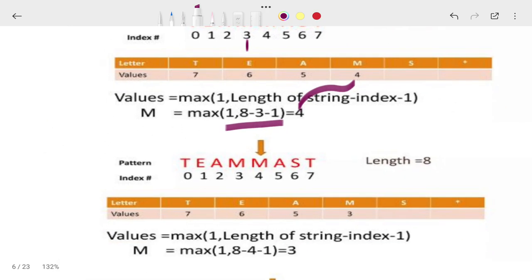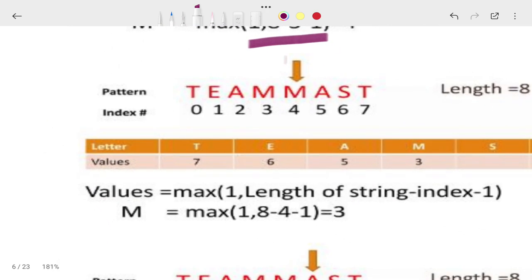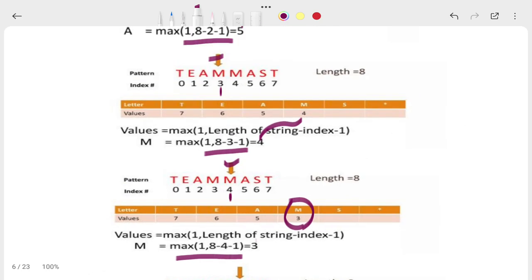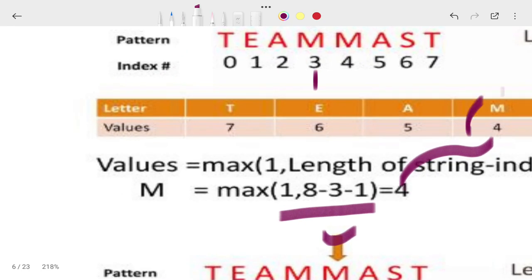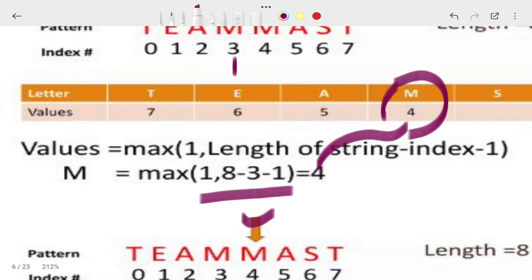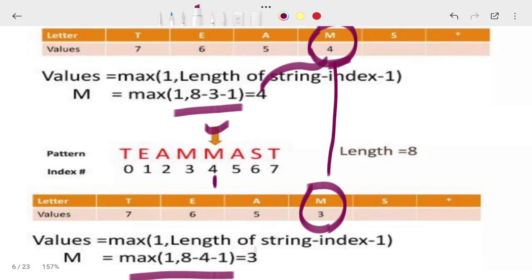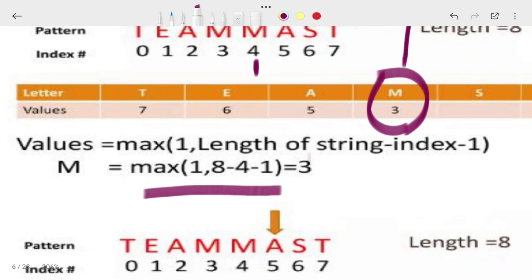Now next is M again. M is repeating, so I will write the updated value of M. 8 minus 4, where 4 is the index, minus 1. This is 3. Before it was 4, so in place of 4 I am writing 3, because 3 is the updated value.